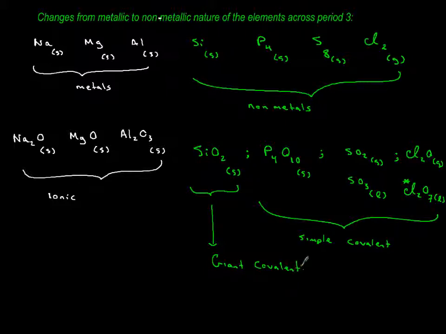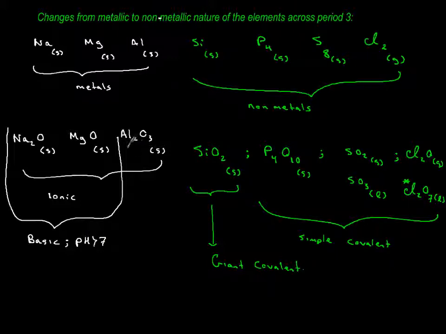Okay, now let's see what happens when we add them to water, in terms of their nature. What I'm going to ask you to remember is that magnesium and sodium oxides, these two together, when added to water, become basic, meaning pH will be above 7.